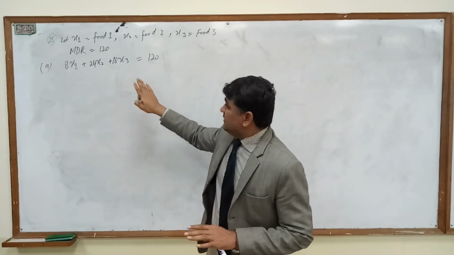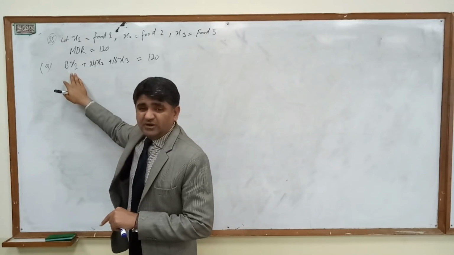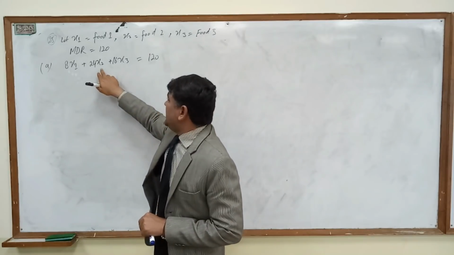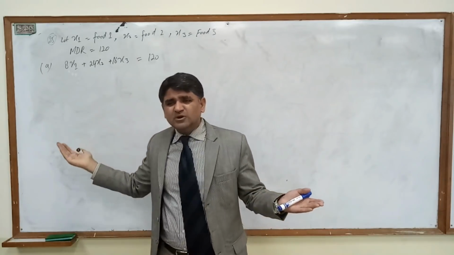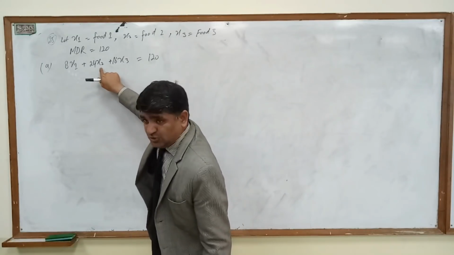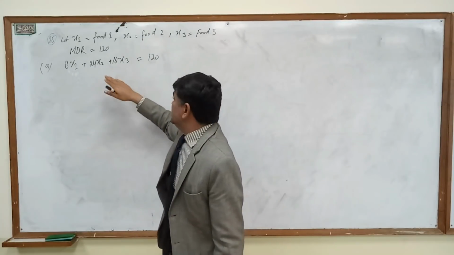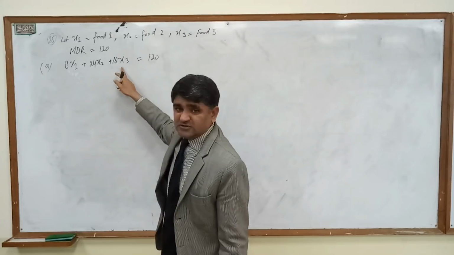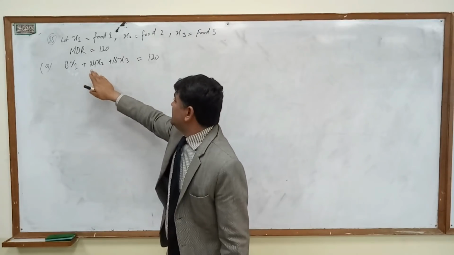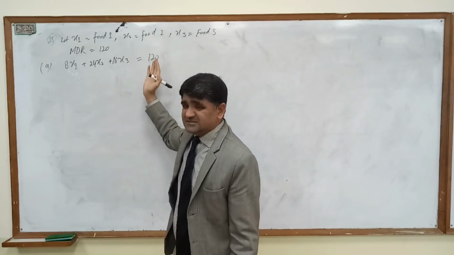If she considers only food 1, obviously x2 and x3 will be equal to 0. If she considers only food 2, then food 1 and food 3 will be equal to 0. If she considers food 3, then x2 and x1 will be equal to 0.